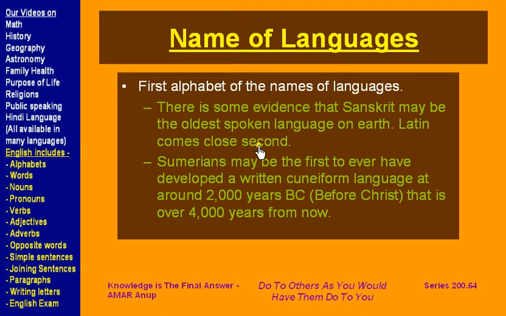Another example, Sumerians may be the first to ever have developed a written cuneiform language at around 2000 years BC, that is before Christ, that is over 4000 years from now.